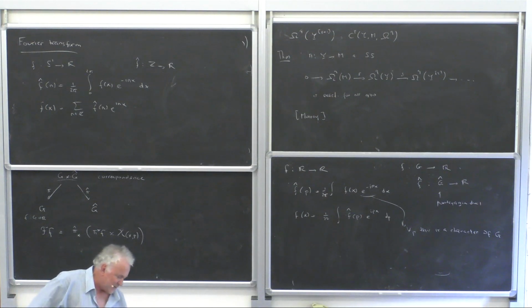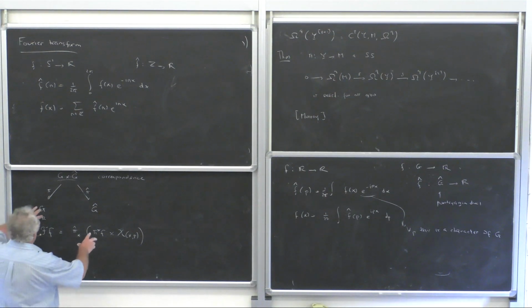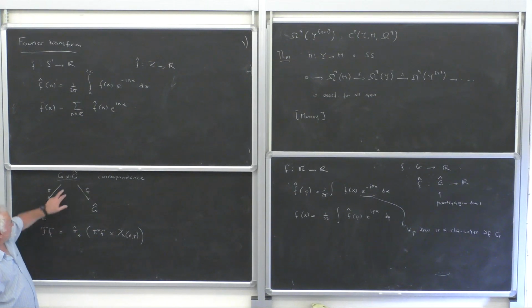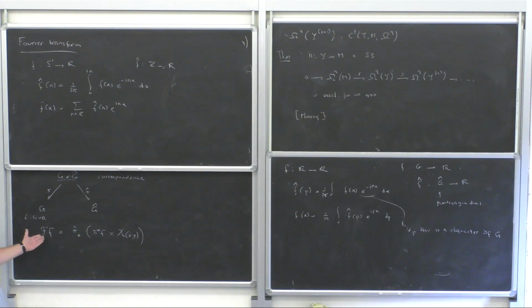So what's really happening is that you're identifying spaces which are just functions of X, spaces which are just functions of P, but you compare them through this intermediate space, the correspondence space. And these kinds of considerations actually generalize to geometric situations.